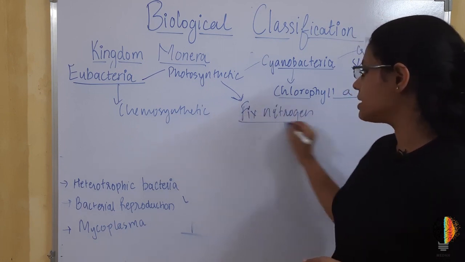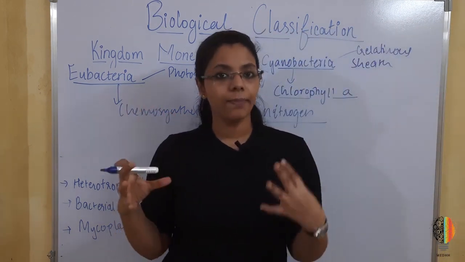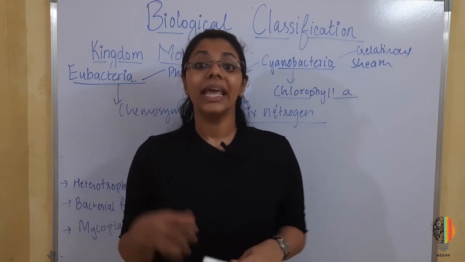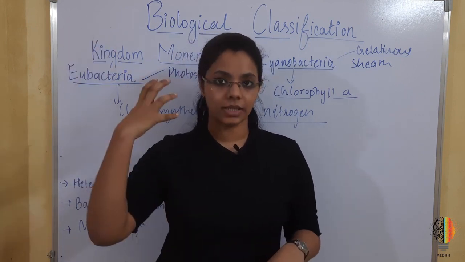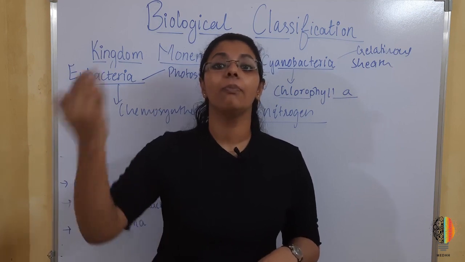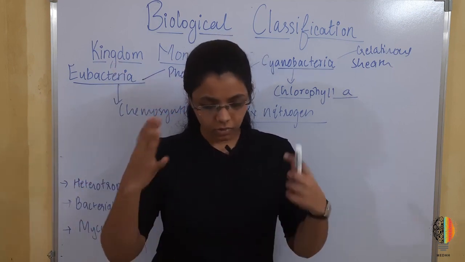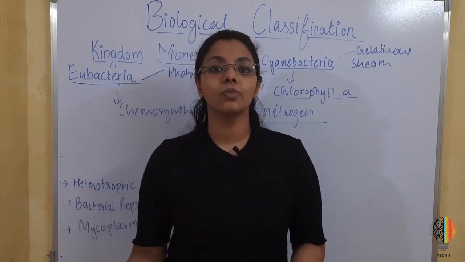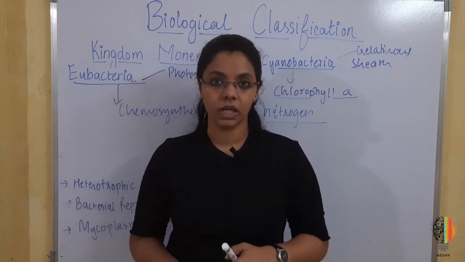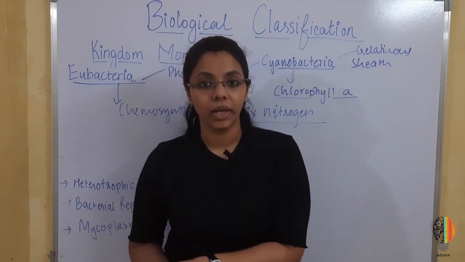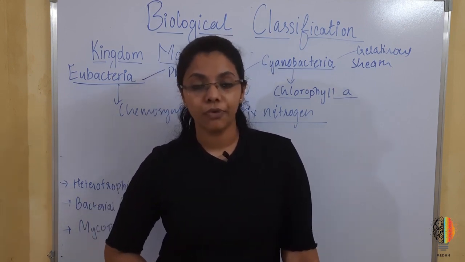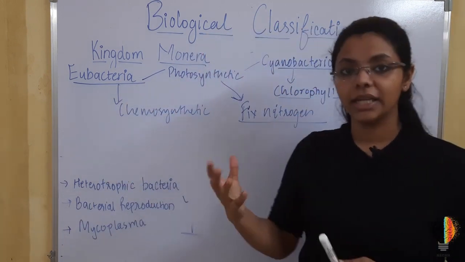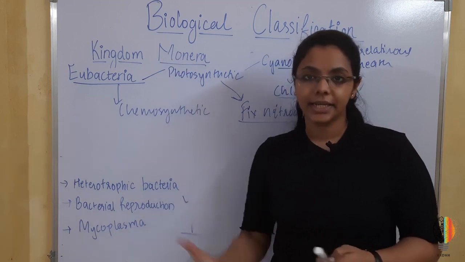Fix nitrogen means some organisms and even plants cannot take nitrogen in the gaseous form; it cannot be assimilated by the organisms or by the plants. So that nitrogen has to be converted into different forms, nitrite, nitrate or ammonia, then only it can be used up for the production of energy. So some bacteria show the capability to fix the nitrogen.